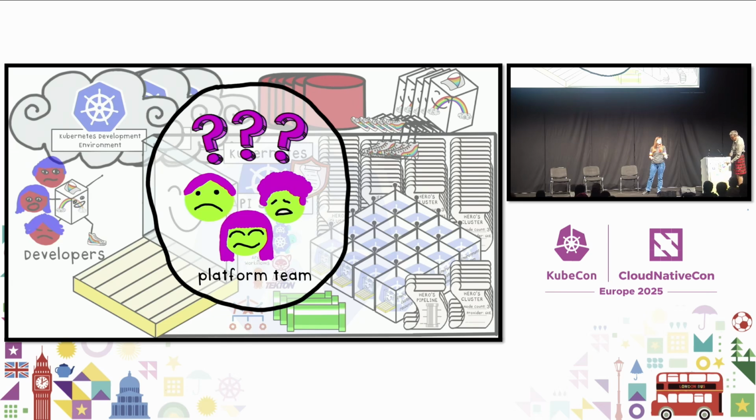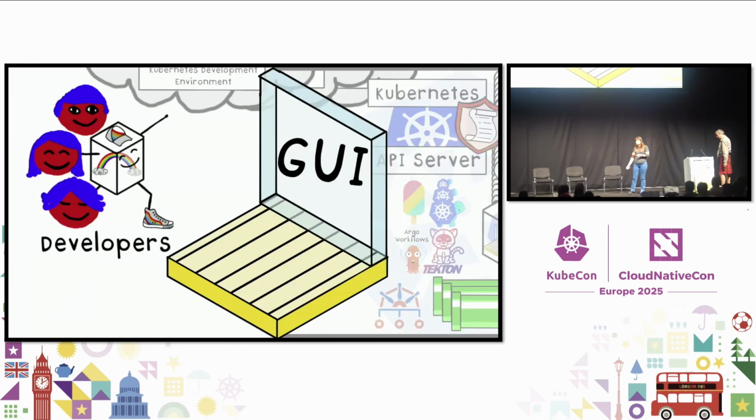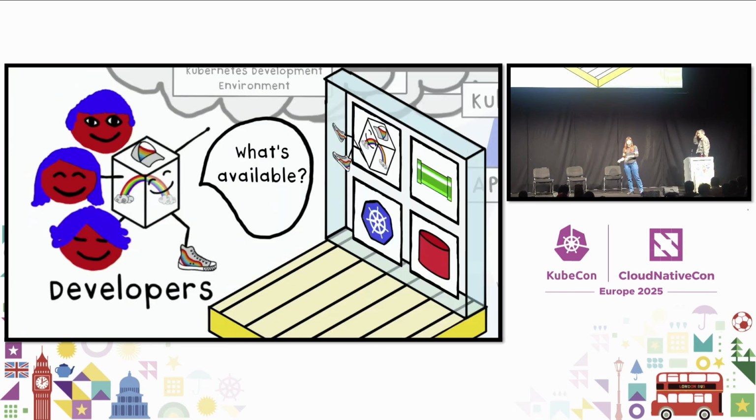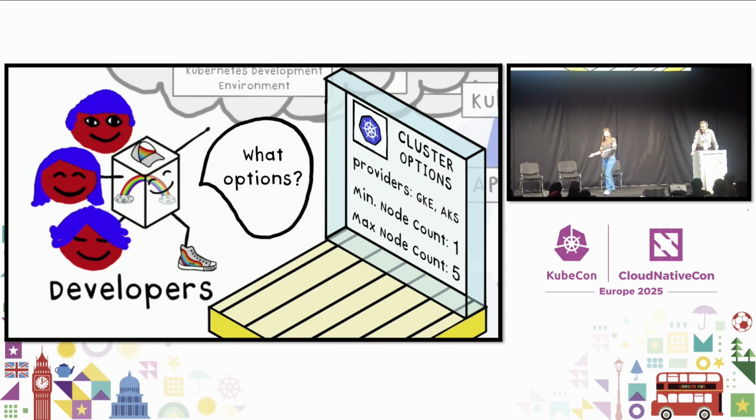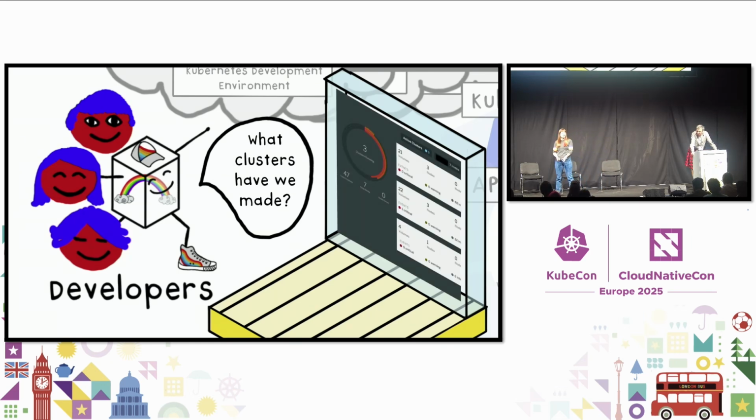And so that's where a GUI can be very helpful. With a GUI, a graphical user interface, our developers can see in a graphical way what's available to them. They can get education around how to use that thing or what options are available for them to change. They can see a big picture of what they've already provisioned.